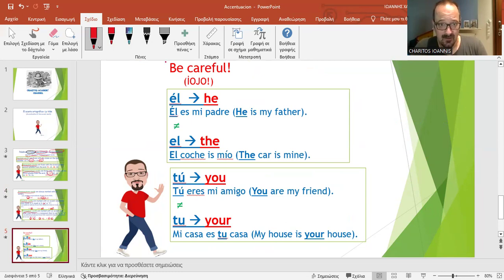For example, there is the word él, que lleva tilde, that has the accent mark, and it means he. So, es un pronombre personal, it's a personal pronoun. For example, él es mi padre. Él, he, is my father. Él es mi padre.